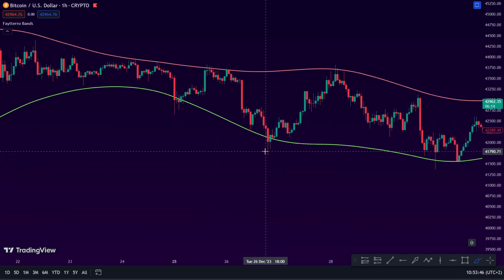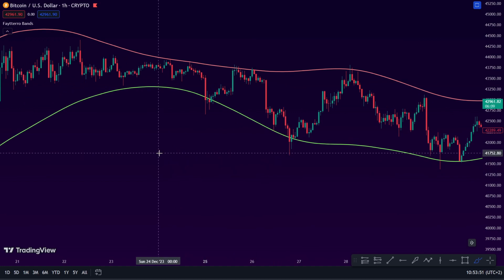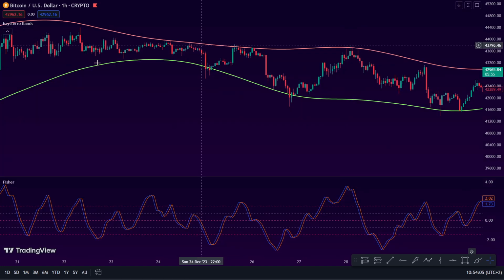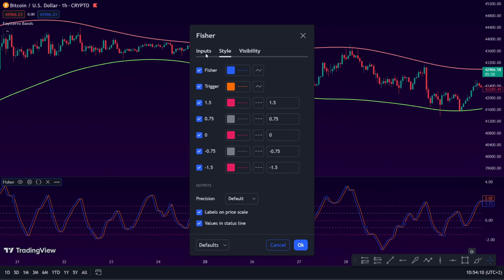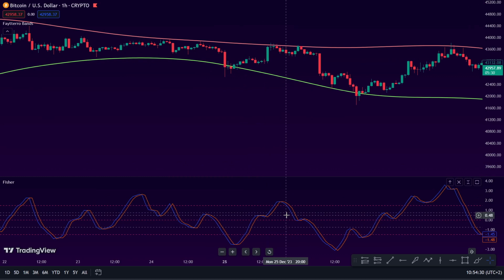But to maximize the winning trades, we need to add the second indicator. For this, we go to the Indicators tab and write Fisher, this indicator. And after integrating this indicator to our chart, now our system is ready. This indicator helps us to filter out false signals.